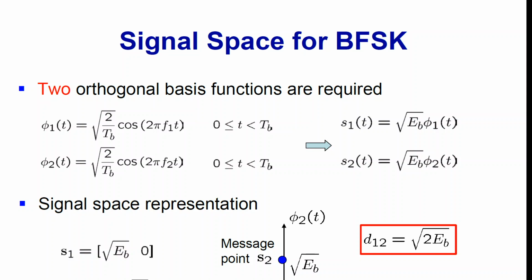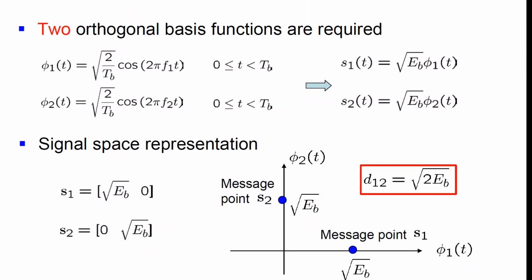Now define two basis functions. Phi 1 of t is root of 2 by tb cos 2 pi f1t, and S1 of t is root EB into phi 1 of t. Now phi 2 of t is root of 2 by tb cos 2 pi f2t, and S2 of t is root EB into phi 2 of t. Now for the signal space representation, you will have 2 axes represented using phi 1 of t and phi 2 of t. Now S1 of t is root EB phi 1 of t plus 0 into phi 2 of t.